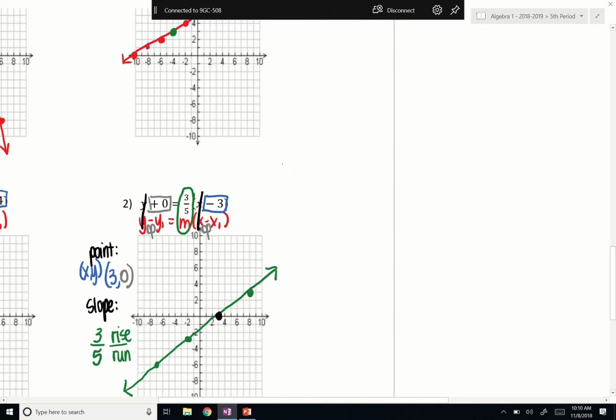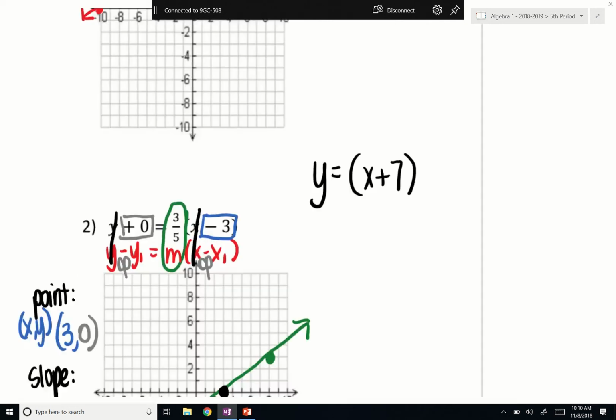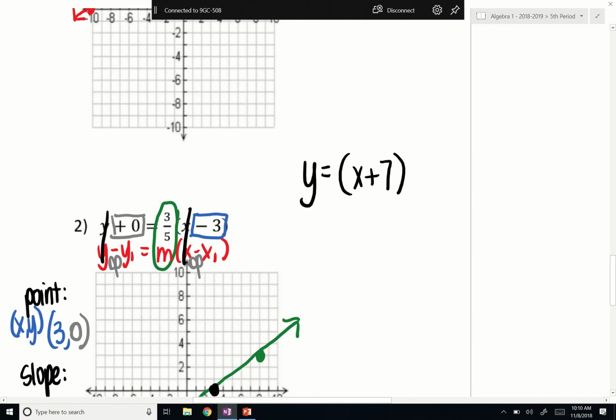Question. What format is this? It's still point slope because there's what? Parentheses. Does everybody see this? It's still point slope because there are parentheses.